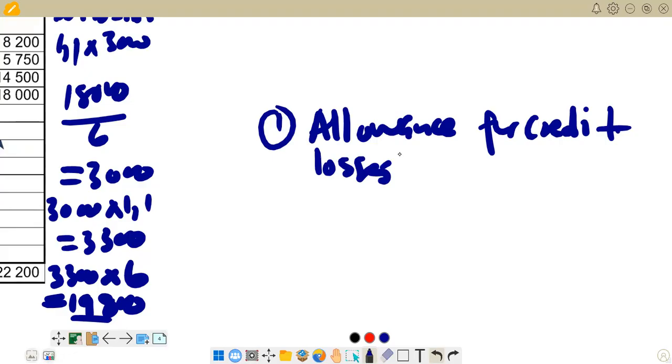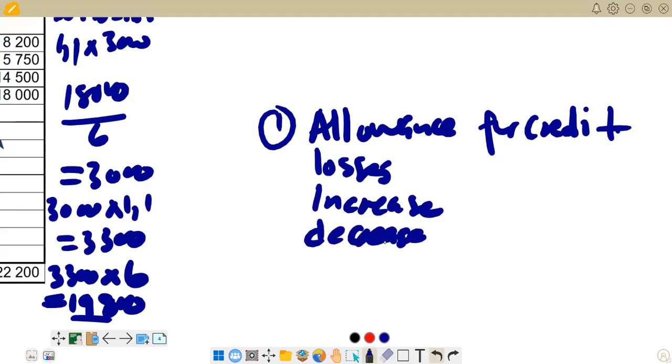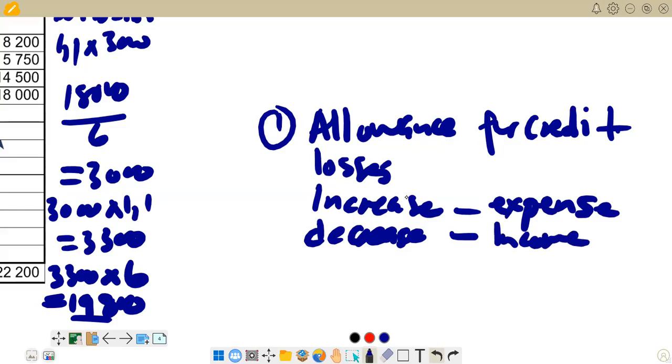These allowances can result in an increase or a decrease. The allowance that we are going to calculate for this period, you compare it with last year's allowance, and if there's an increase, it represents an expense, and we put it under the expenses section. But if there's a decrease, it's now an income, and you include it under other income.